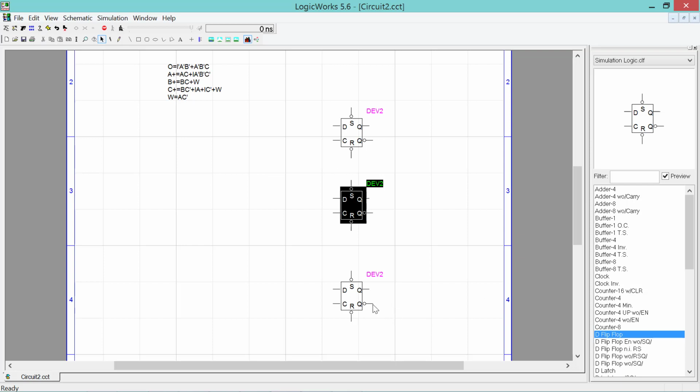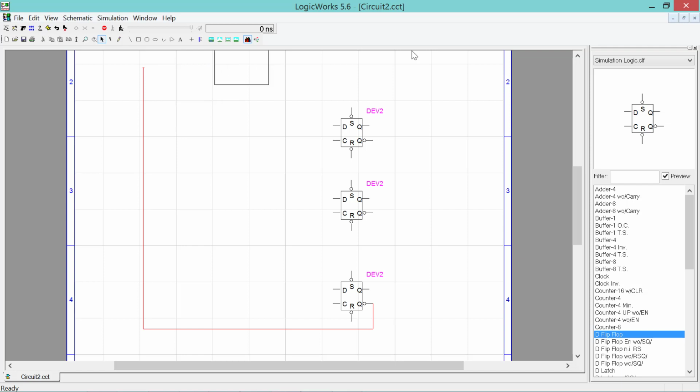Let us bring our signals around. Whoops. We have C prime. We'll bring the equations over here. This is the signal C, the least significant bit.